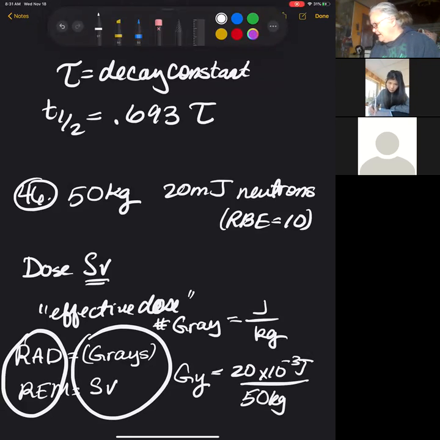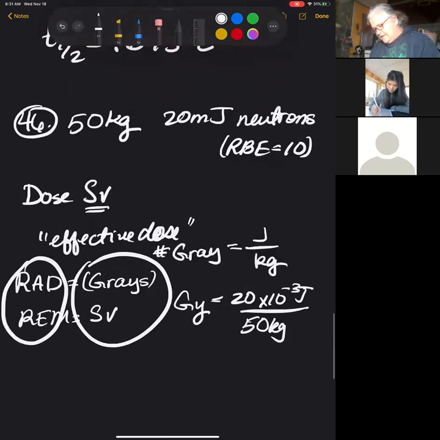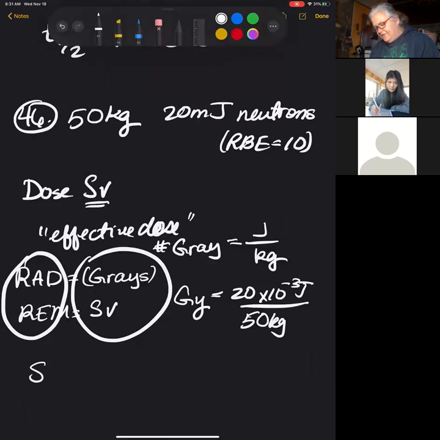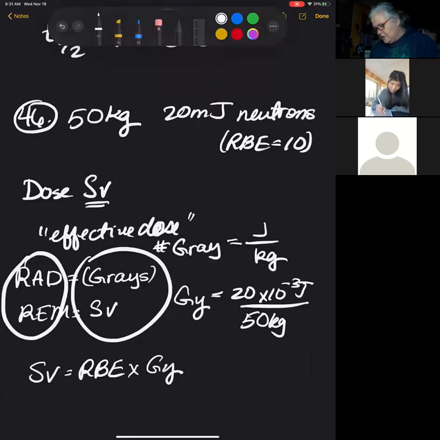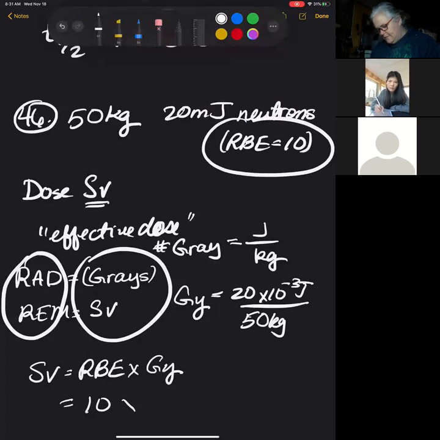Then to get to sieverts is the relative biological effectiveness, and that depends on what particle it is, protons or neutrons or gamma rays or whatever, times the gray number. So once I have the number of grays, I multiply that by 10 because my relative biological effectiveness was 10.